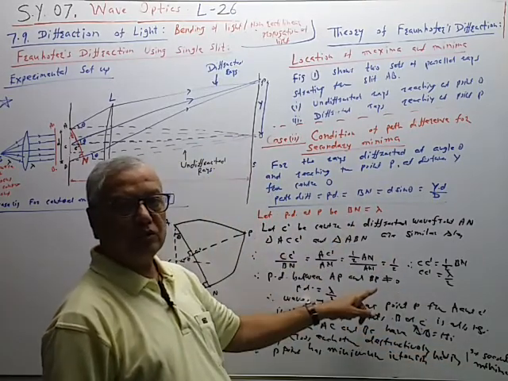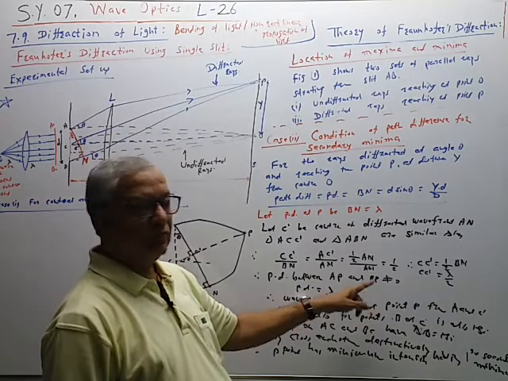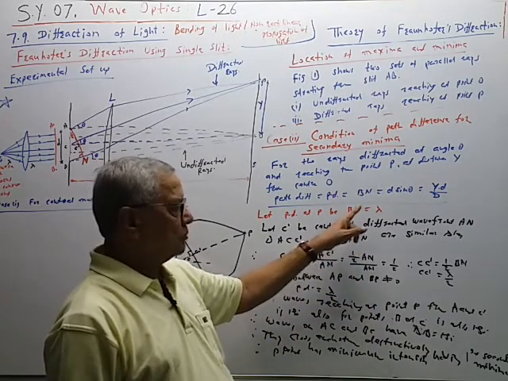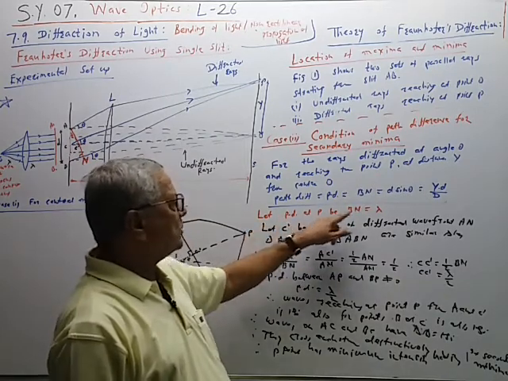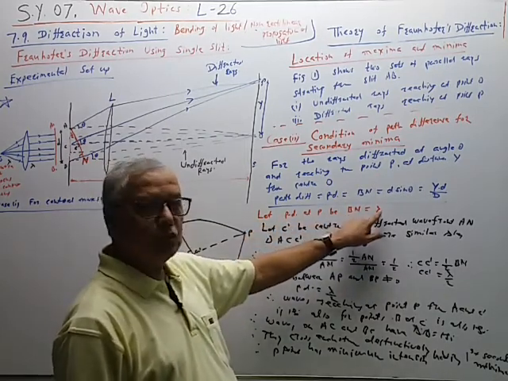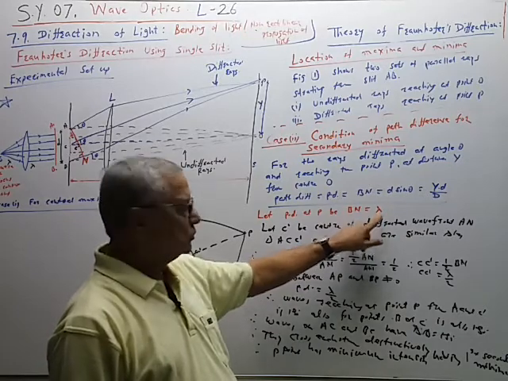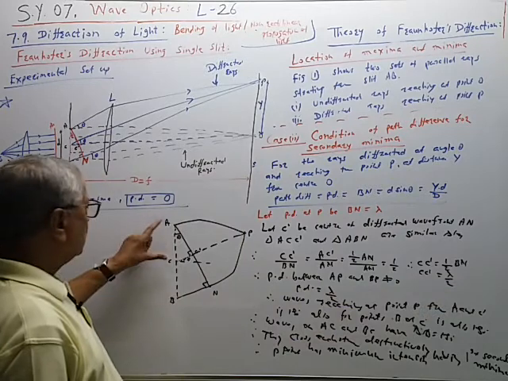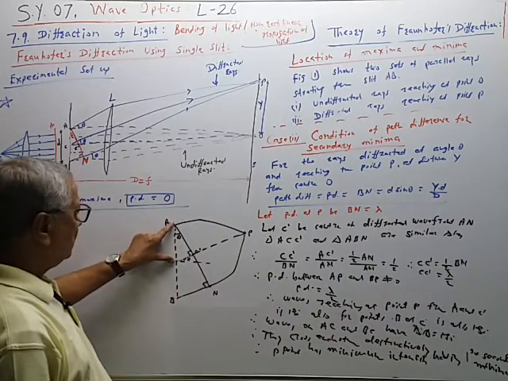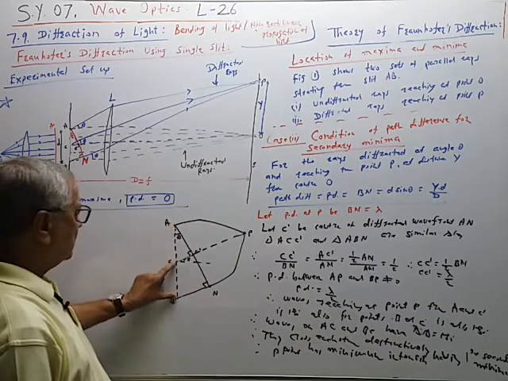Now we can use this same process to find the other values as well. Suppose we assume that the path difference at point P, BN, is equal to 2 lambda. So this CC dash will become half lambda. So these two waves have phase difference 360 degree.